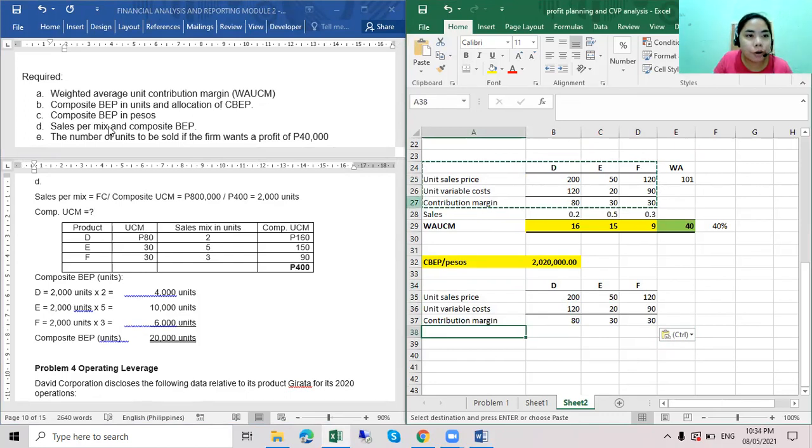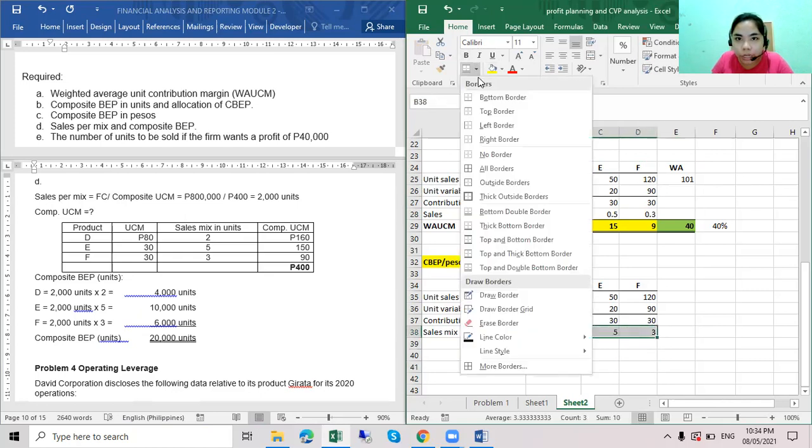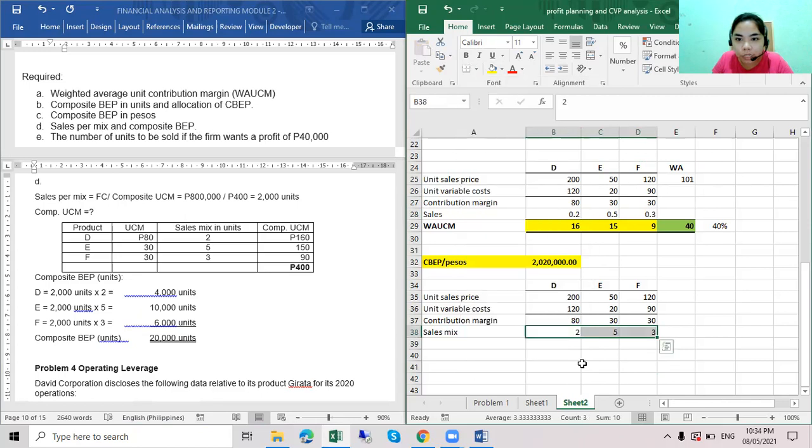Kaya sales per mix and composite break-even point. Okay. So, your sales mix, multiply ta. It's 2 units, 5 units, and 3 units. Ginhimo iya is gin-multiply naton ang number of sales mix sa aton contribution margin.